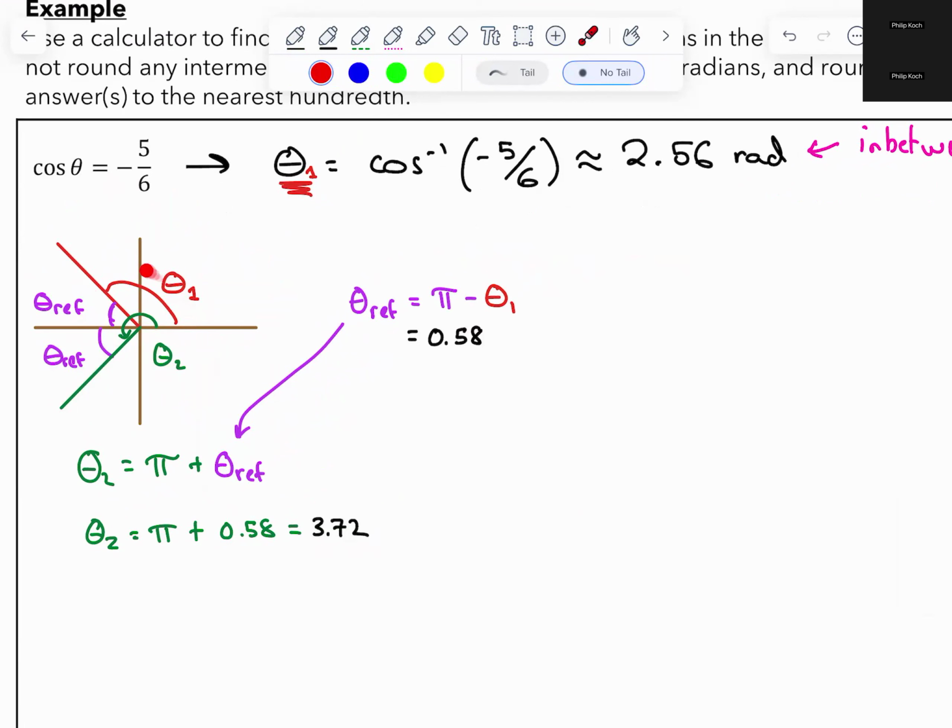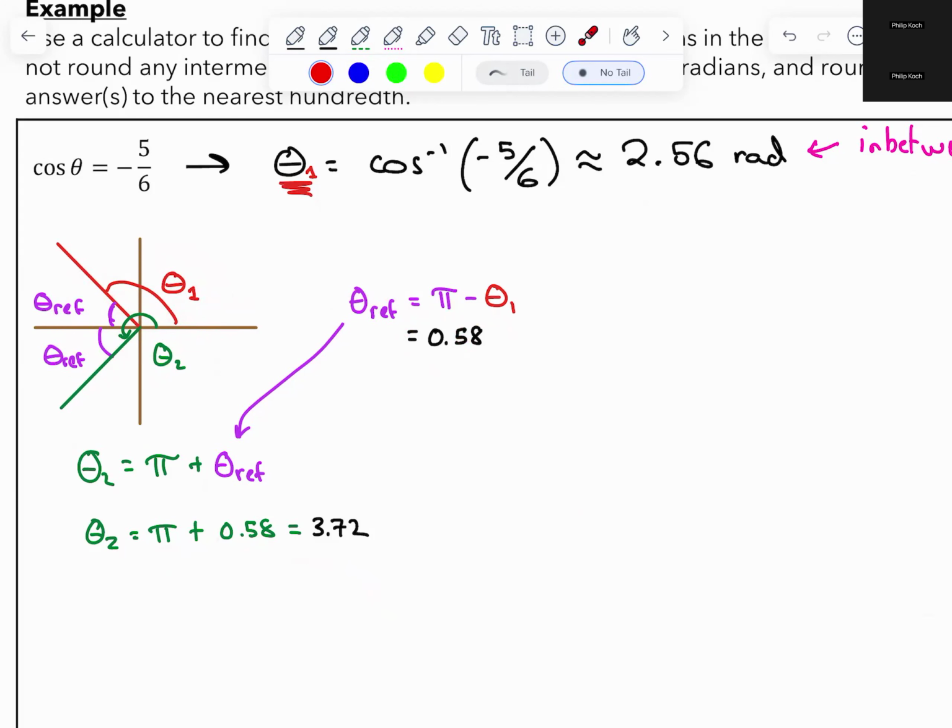It's going to be a whole pi plus that theta sub reference, but we don't know what that is because cosine gave us the full angle. Sometimes sine and tangent are usually nicer in this aspect, but regardless. We can find theta sub reference because we know this is a full pi, and therefore theta sub reference is going to be a full pi minus theta sub 1. That's where we got 0.58. So to find the second theta, the green angle, we have to do a full pi plus an additional theta reference, and that gives us 3.72.